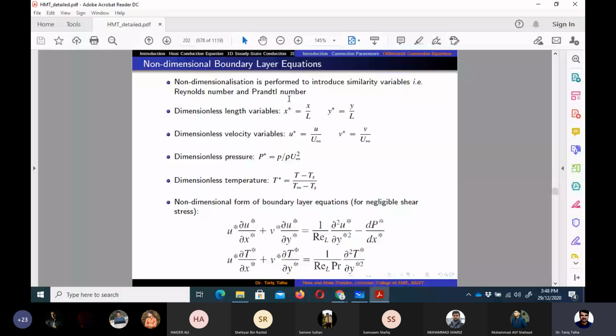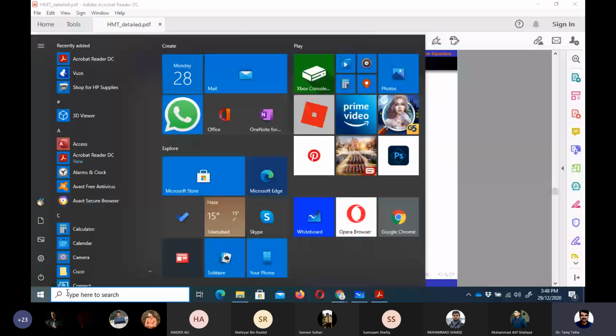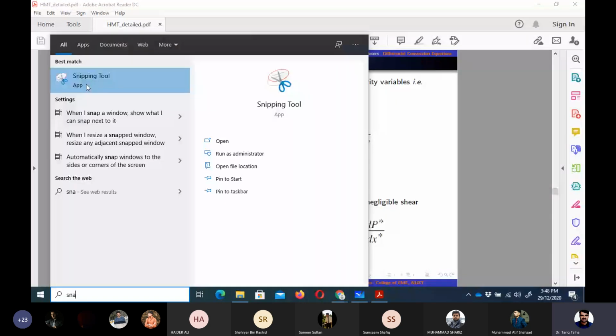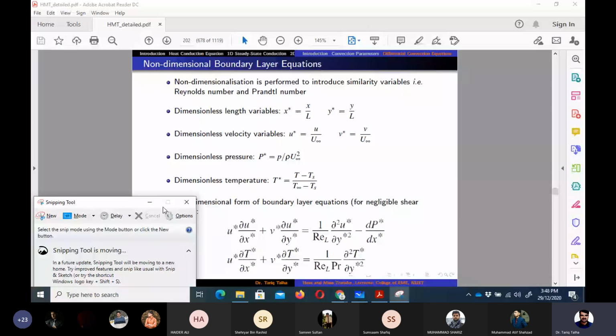Now what we need to do here, we can have a snipping tool, I think. Let's see how we can use it.